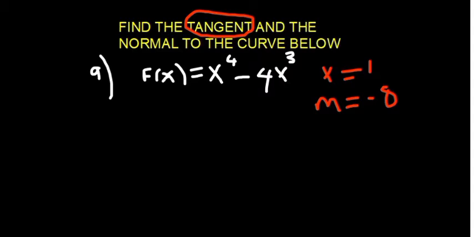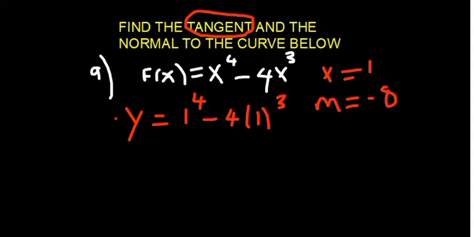So we've been given the x coordinate. So let's find the y coordinate. To find the y coordinate, you just have to substitute the value that you've been given in the original function. So y is going to be equal to 1 to the power 4 minus 4 multiplied by 1 to the third power, which we know there will be no difference.